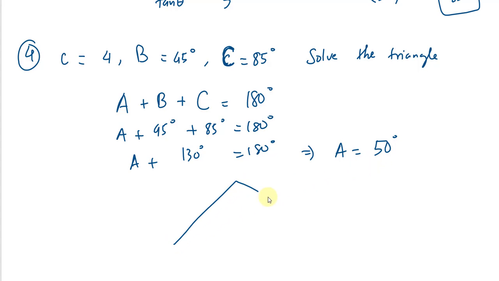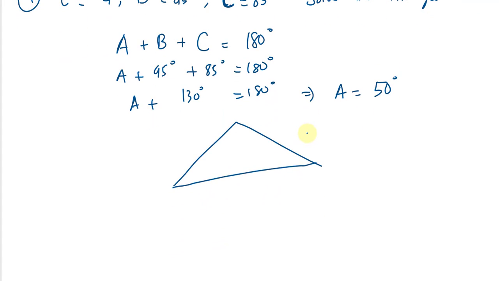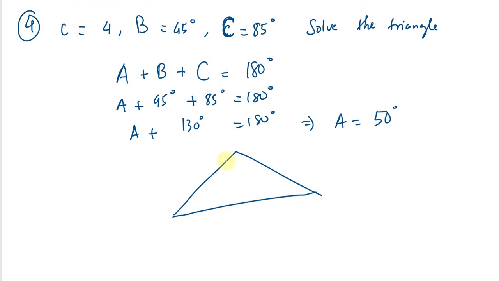Okay, so let's draw the triangle like this one. I can label it now. This is angle C, maybe this is angle B, and this is angle A. And the side opposite to C is the length c, which is 4.